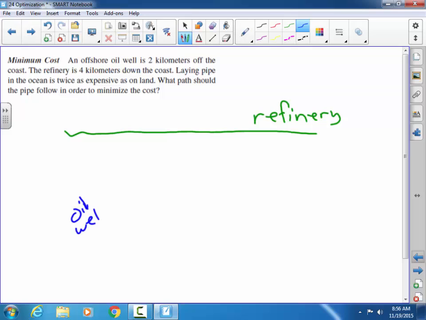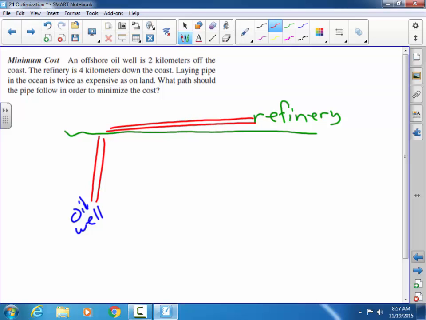Are the possible paths just straight to the shore and straight down? Oh, no, you could do anything you wanted here. It would be cheaper if you go to the coast and then down to the refinery. Okay. So, one obvious thing we could do is put pipe from here to here, and then from here to here.